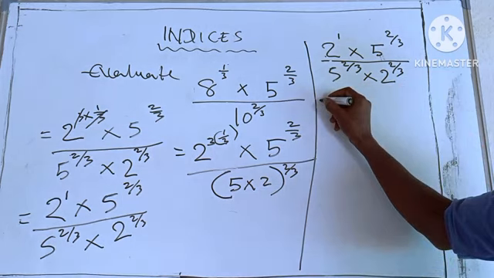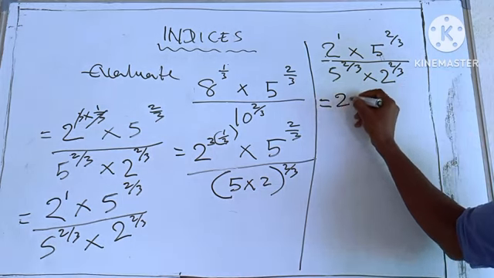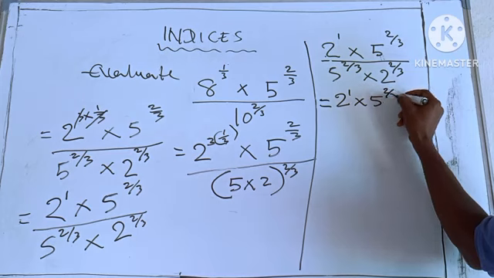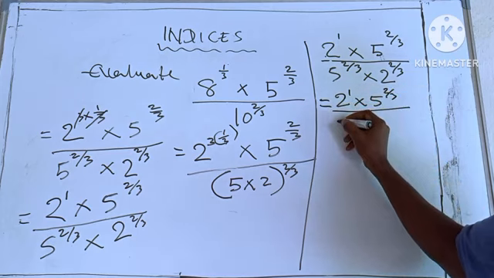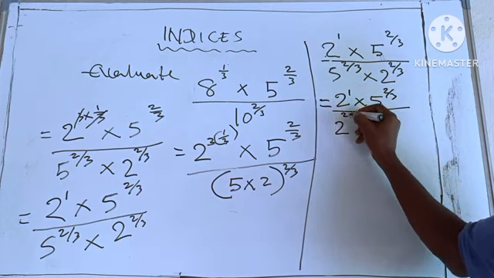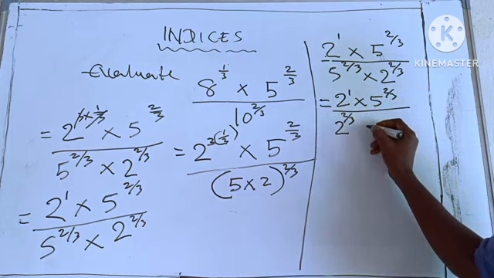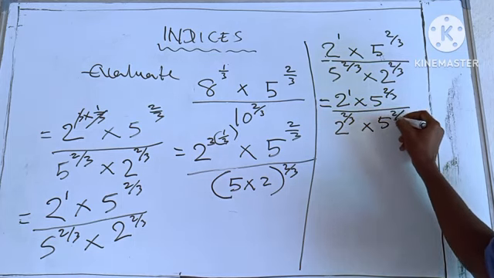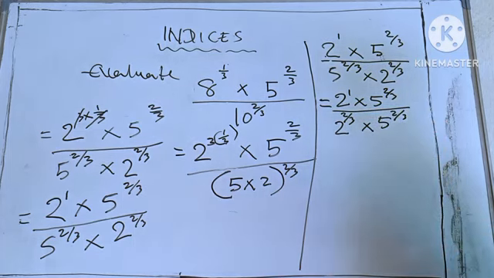So we now have 2 raised to power 1 multiplied by 5 raised to power 2 all over 3, divided by 2 raised to power 2 all over 3 multiplied by 5 raised to power 2 all over 3.